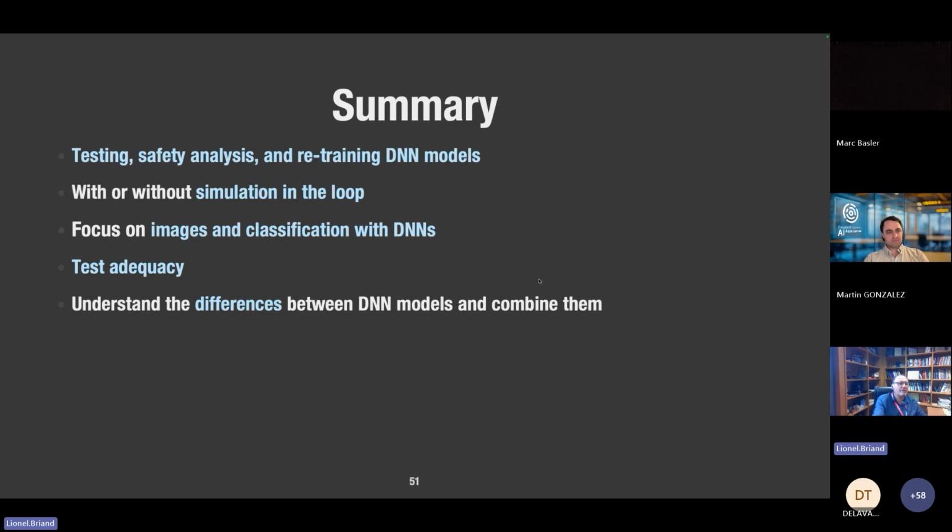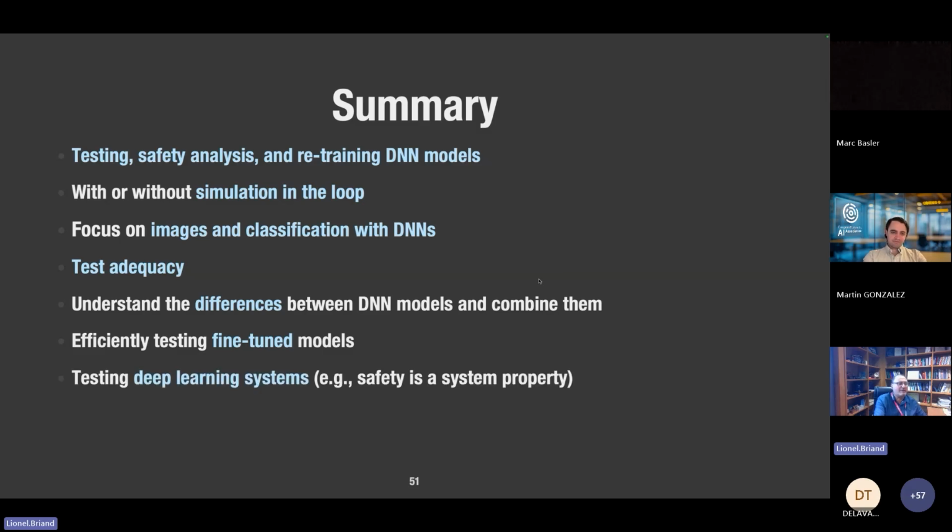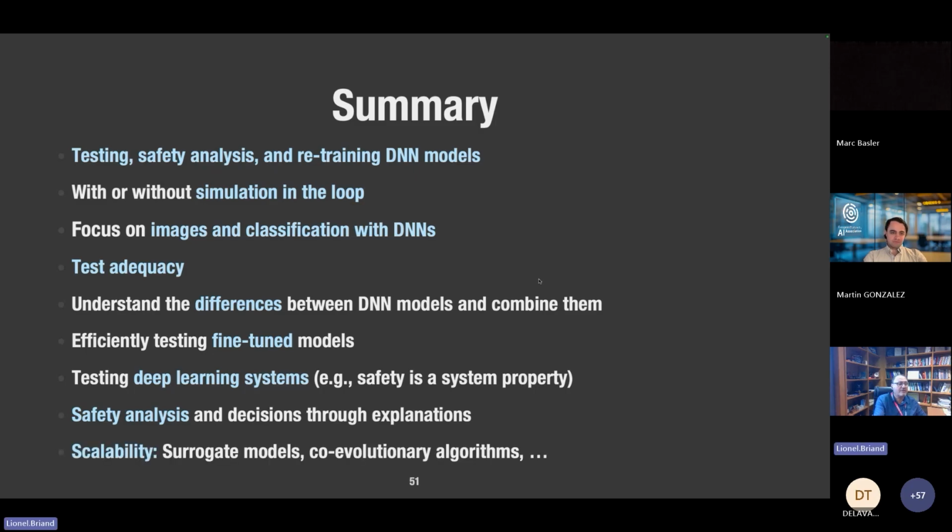I talked about understanding the differences between DNN models in order to combine them, for example, for more accurate predictions. I didn't talk about efficiently testing fine-tuned models. I talked about testing deep learning systems, in particular safety-related properties, because safety is a system property in the end, not a model property. And I talked about safety analysis and decision through explanations.